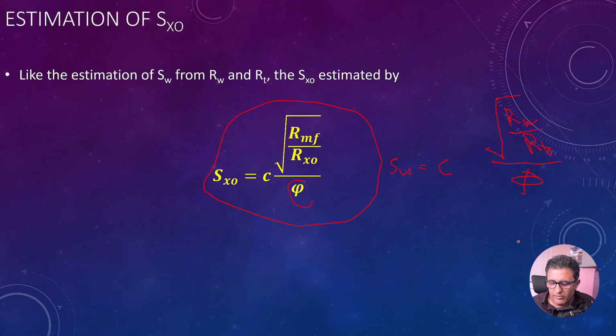So if we have some idea about the type of hydrocarbon in the reservoir, for example gas or oil, then we can estimate the hydrocarbon saturation in the reservoir from these two equations. And not only are we able to estimate hydrocarbon saturation, but also we can estimate the volume of the oil and gas that we can produce from the reservoir.